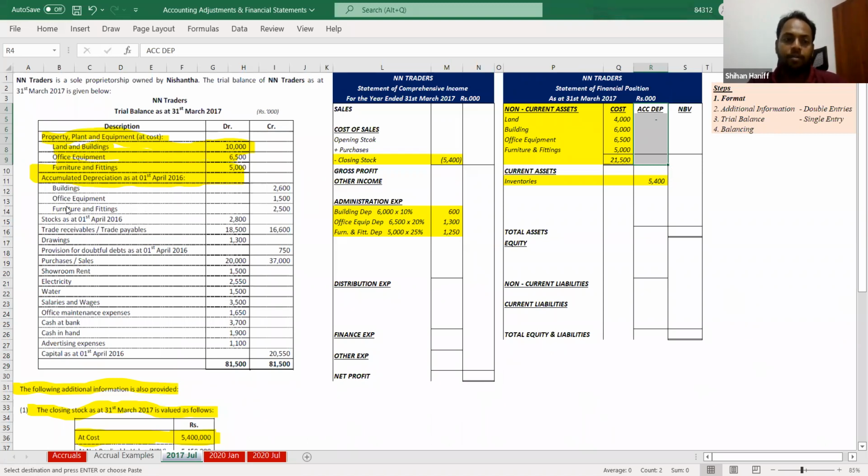Then total accumulated will be: building 2,600 plus 600, office equipment 1,500 plus 1,300, furniture and fittings 2,500 plus 1,250. So can you all complete this?